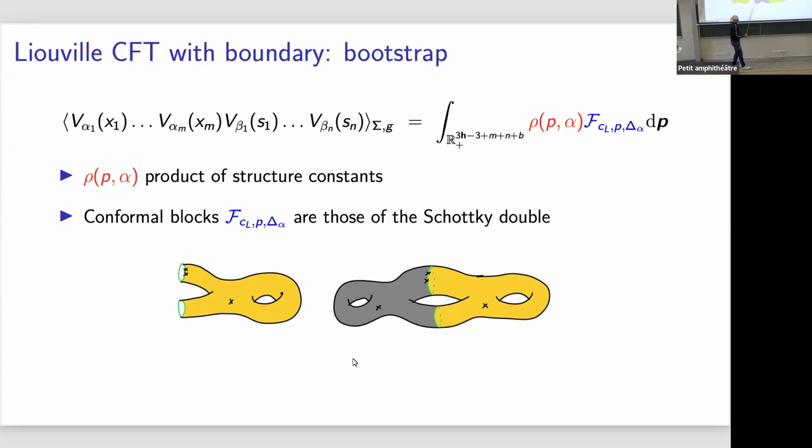These correlation functions only depend on the metric through a global factor. You can always change the metric, and it will give you a global factor. So you can pick the nicest metric on Earth and put it here, and it doesn't change anything because of the Weyl invariance. Once you know it for this nice metric, you know it for all of them.